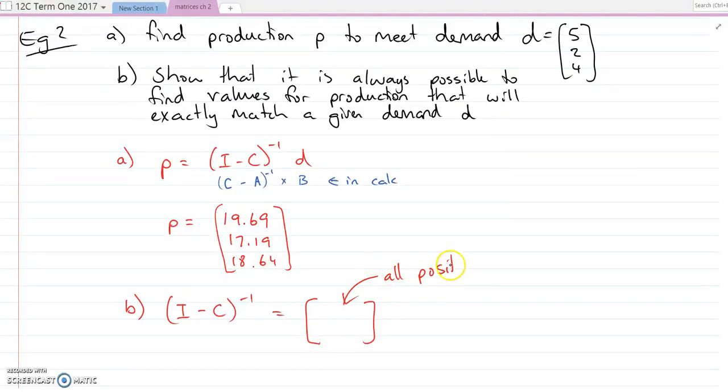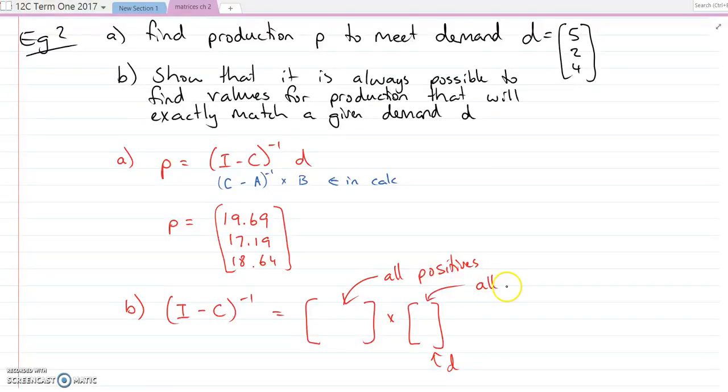It's possible to have negative numbers there, that's fine. It's just when you multiply it by your matrix D, the demand. Of course, your demand is all positives, and these are also all positives.